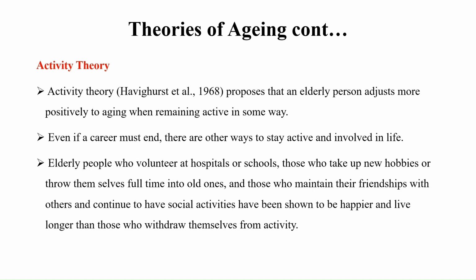Coming to activity theory. Activity theory says that an elderly person adjusts more positively to aging when remaining active in some way, which means even if a career ends, there are other ways to stay active and involved in life. This theory doesn't talk about the biological basis of aging. It talks about how an individual adapts to aging. When an elderly person is more active in his life, he takes aging in a positive way rather than a negative way.